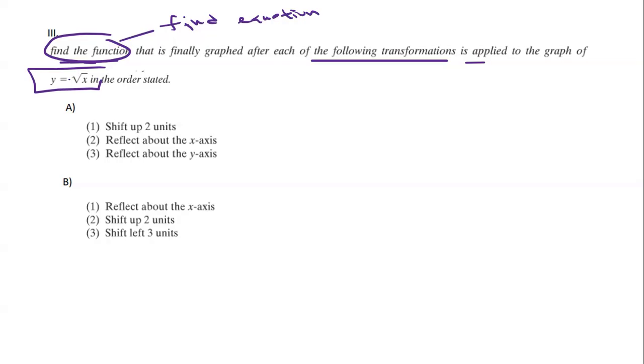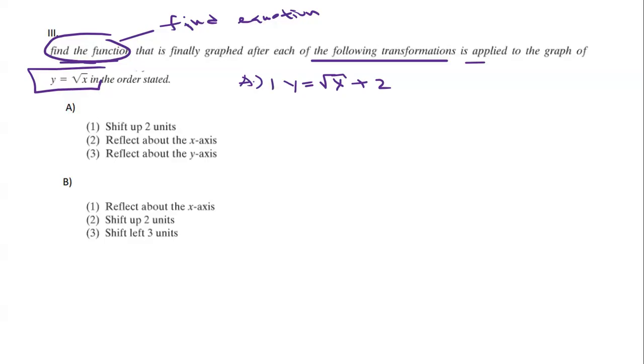So for part A, our first function is y is equal to square root of x plus 2. I do not put the number inside the radical because that's dealing with horizontal shifting. So that's our first step.